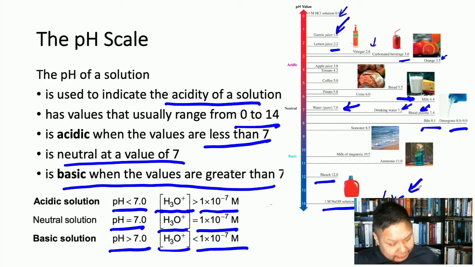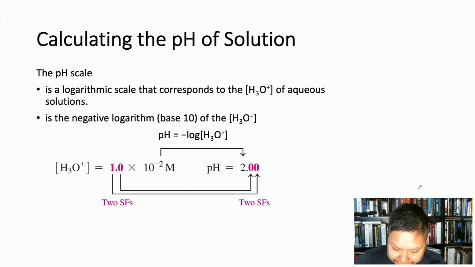So let's talk about now how to calculate the pH of a solution. pH is on a logarithmic scale, so pH equals the negative log of the hydronium ion concentration.